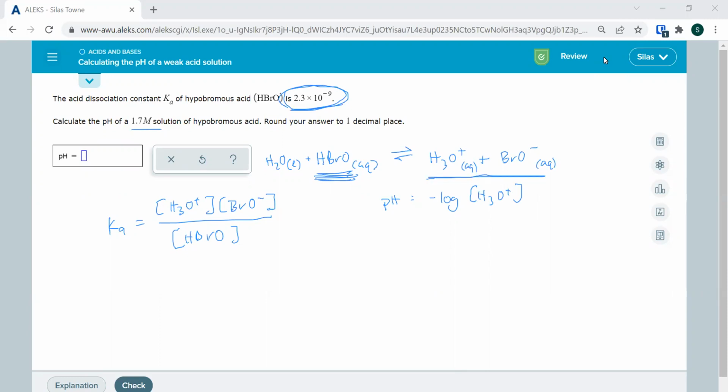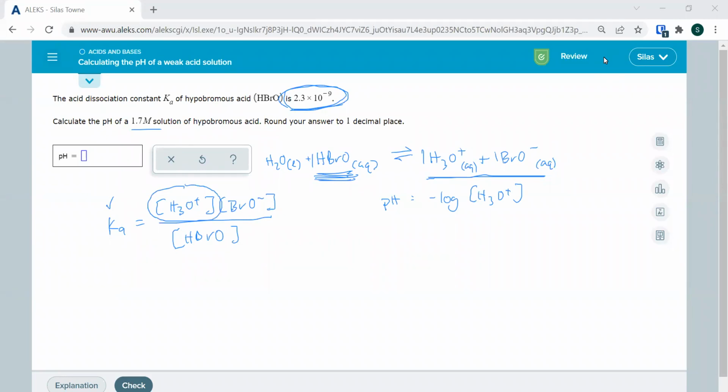But the nice thing with acids is that typically there's this 1-to-1-to-1 relationship, so we don't have any exponents to deal with in the expression. So what we're trying to find is, we have Ka and we're trying to solve for this.